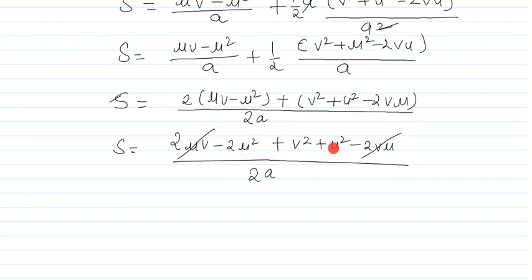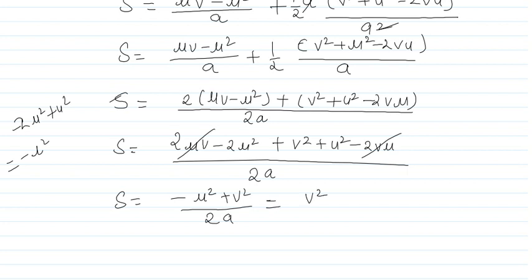So s will be minus u square plus v square upon 2a, and this is v square minus u square upon 2a, and this gives v square minus u square equal to 2as.